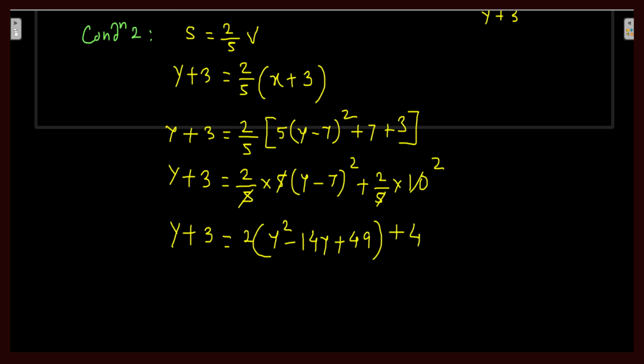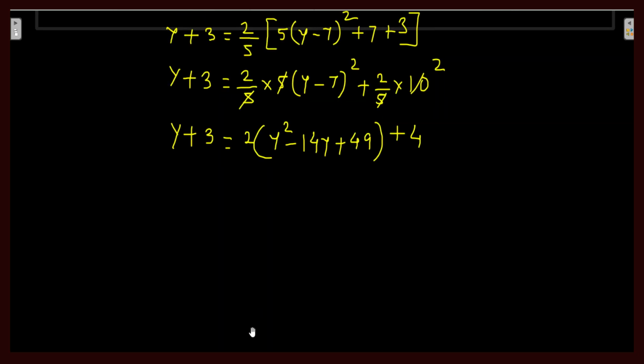So solving this further, Y plus 3 multiplied by 2 inside the bracket will be 2Y square minus 2 into 14, that is 28Y, plus 49 into 2, that is 98, plus 4.